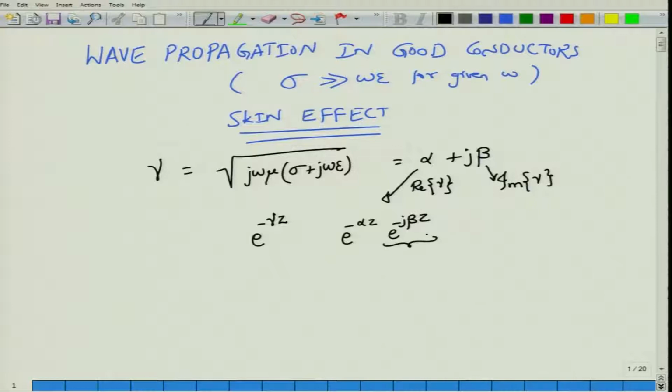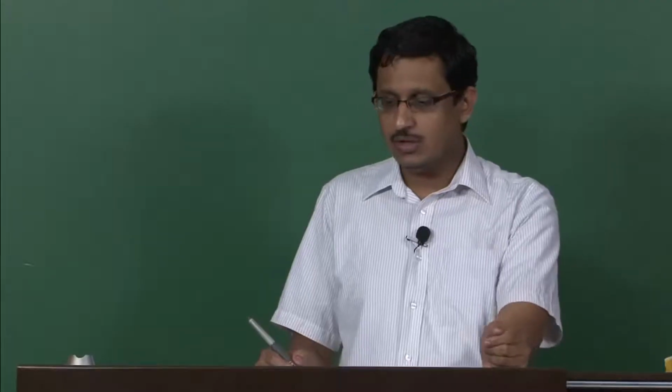This factor simply allows you to determine the phase delay that the wave is experiencing with respect to a certain reference phase, whereas e to the power minus alpha z corresponds to the attenuating factor. The amplitude of the electric field or the magnetic field attenuates as the wave propagates inside the conducting material.